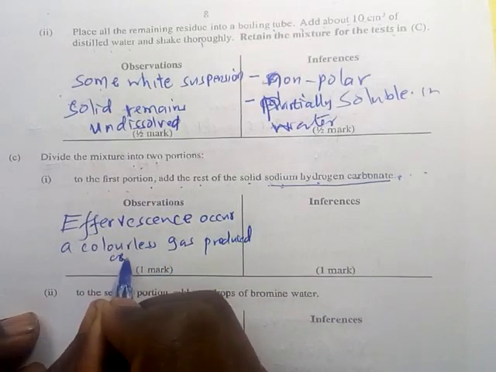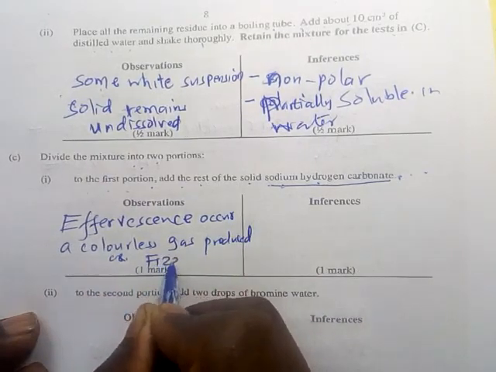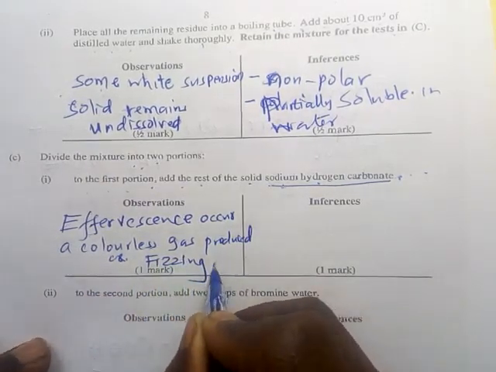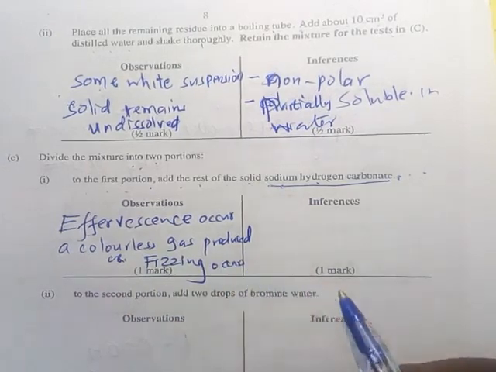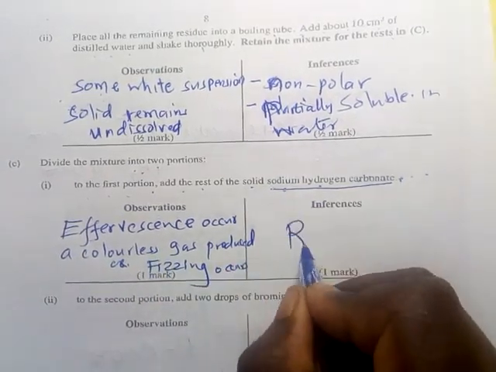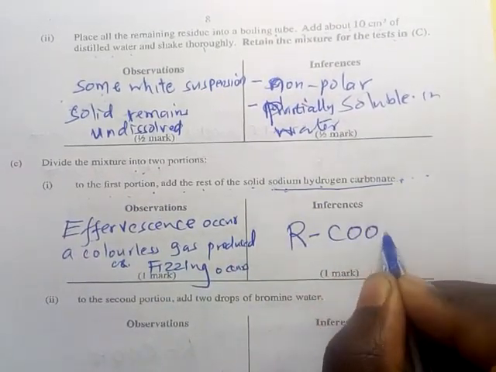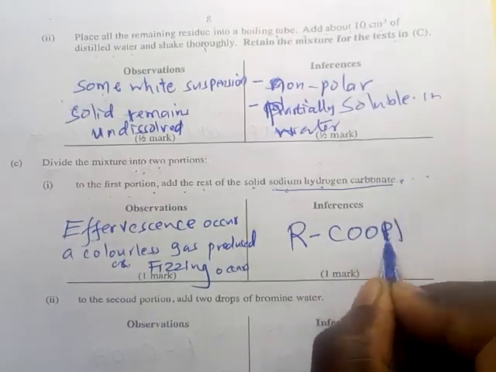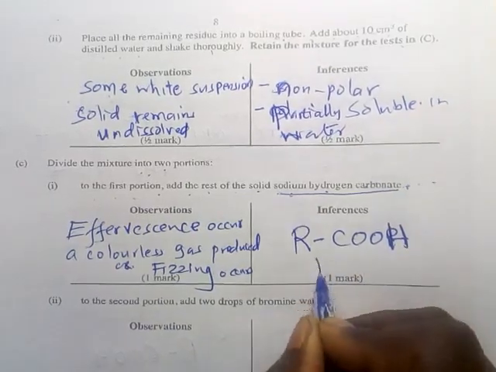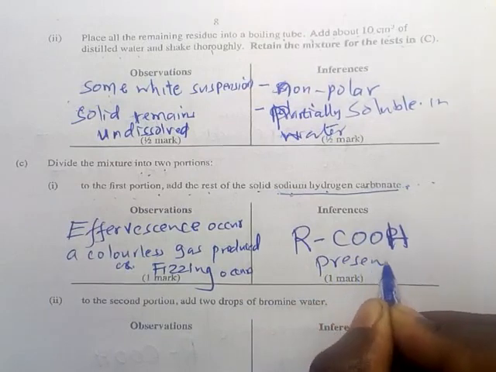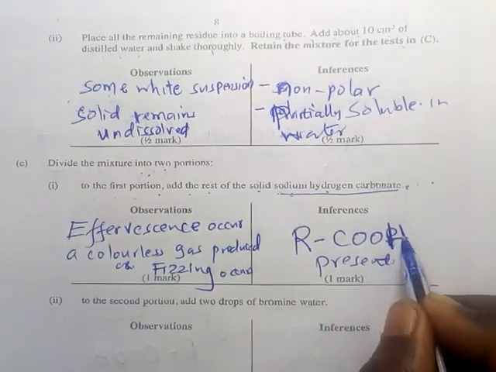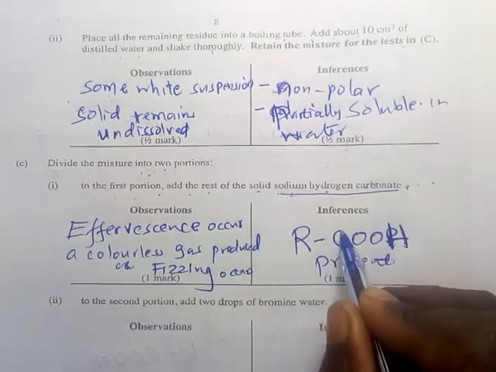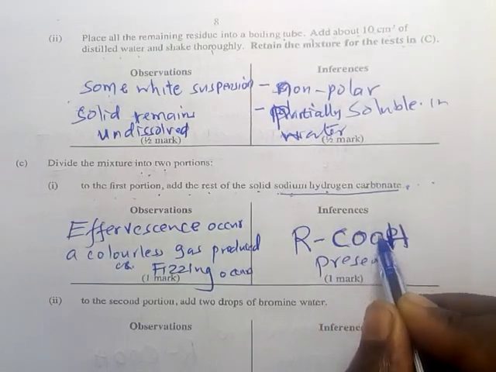Or you can say fizzing occurs. So if fizzing occurs, it means that the alkanoic acid, this is the functional group of alkanoic acids, is present.